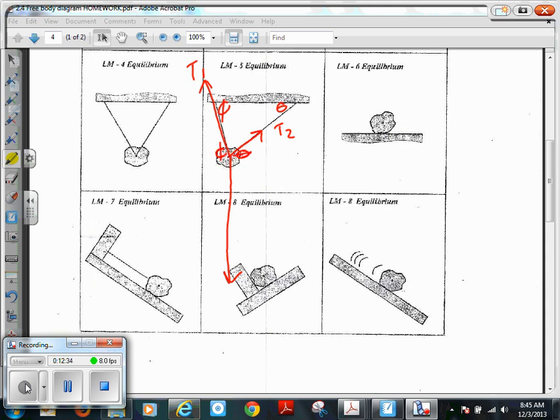Do you know that rule? Alternate interior angles are equal if I would have a horizontal there. Any questions about that?